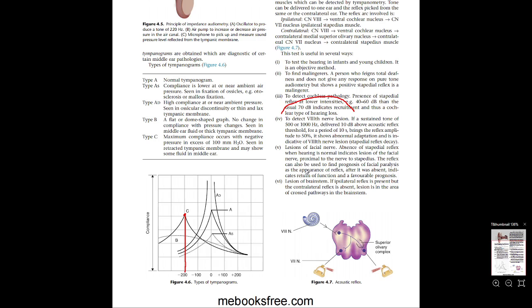As you can see, I am now drawing it. This is the pinna, the external auditory canal, the tympanic membrane, the ossicles, the cochlea, and the semicircular canals.